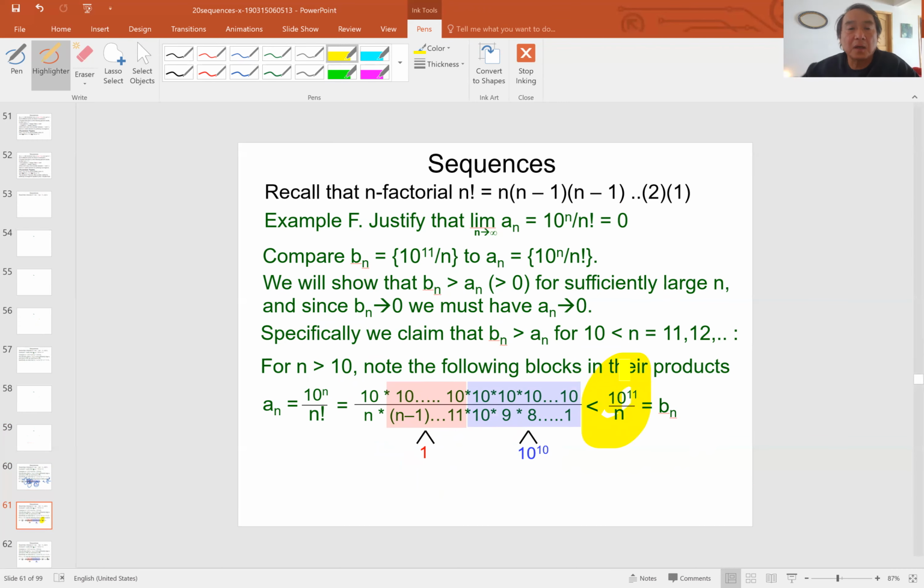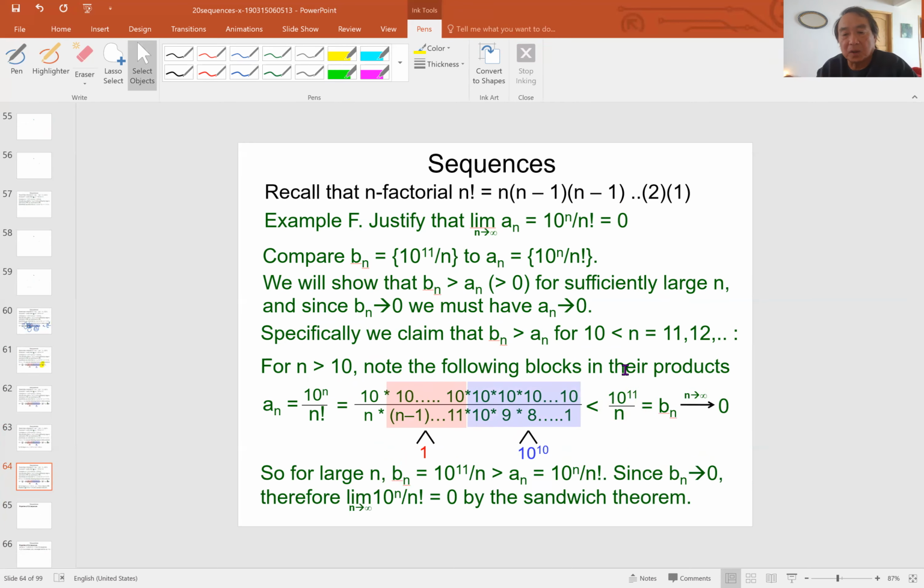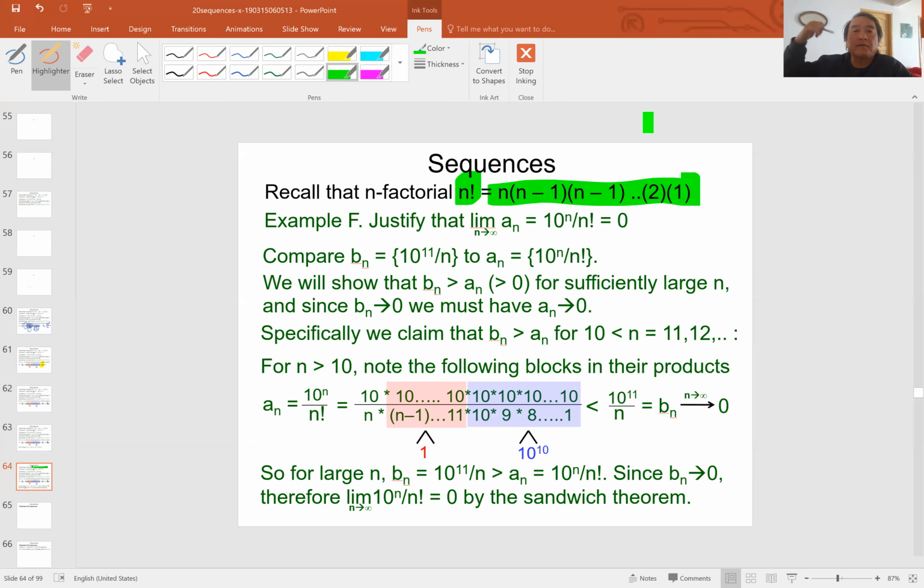As n gets bigger, a_n has to be smaller than these, but a_n is positive, so a_n has to go to 0 also. So that's what we call the sandwich theorem. But the basic point about this exercise is that n factorial blows up a lot faster than even the exponential function 10 to the n or e to the n.